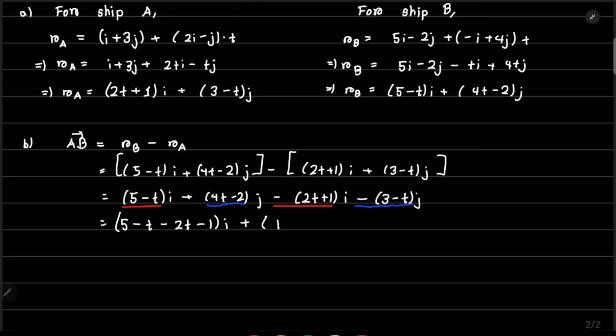So this will be 4t minus 2 minus 3 plus t j. So over here we'll have 4 minus 3t i plus 5t minus 5 j.